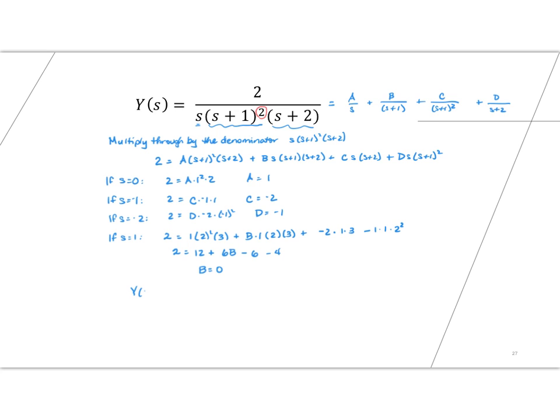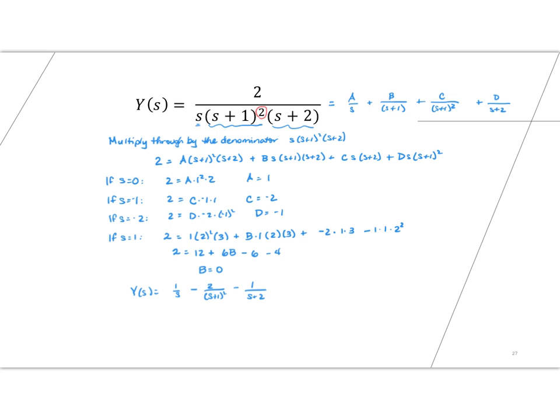Therefore, Y of s is 1 over s minus 2 over s plus 1 squared, or I guess minus 1 over s plus 2.